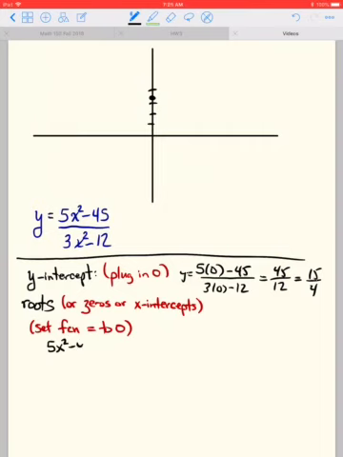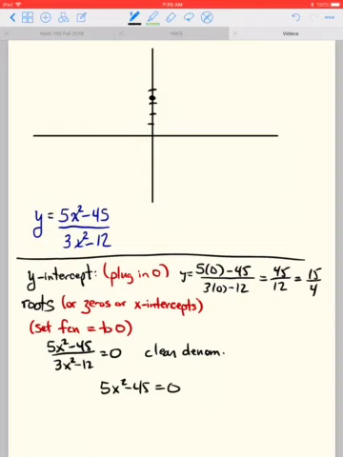If we set (5x squared minus 45) over (3x squared minus 12) equals 0, then we can multiply both sides by the denominator. So we could clear denominators, and then we'll get 5x squared minus 45 equals 0.